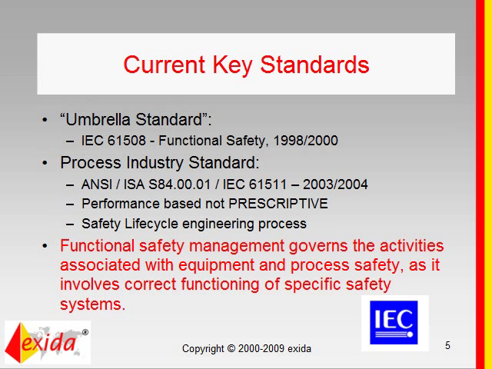The key standards to look at when we talk about functional safety are the IEC 61508 standard and the IEC 61511 standard. The IEC 61508 standard is an umbrella standard. It applies to all industries, and it addresses functional safety of electrical, electronic, and programmable electronic safety-related systems.